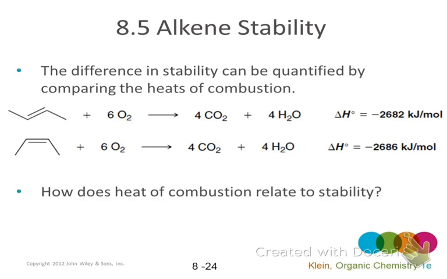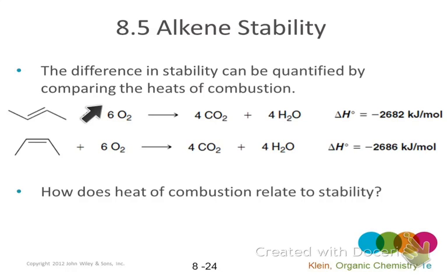So before we go on into E2 reactions and talk about those in detail, we're going to talk a little bit about alkene stability. What I've got up here is the combustion reactions for cis and trans 2-butene. Combustion is whatever you're burning, plus oxygen, produces heat. That's the definition of combustion.